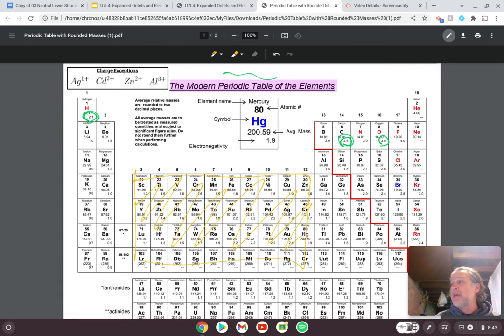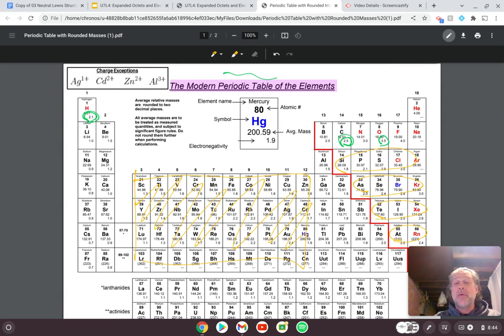So these are elements that basically occur in the 3rd energy level or the 3rd period and beyond. So we're talking about elements over here and over here and over here and over here. Those are the nonmetals that are in the third period and beyond.